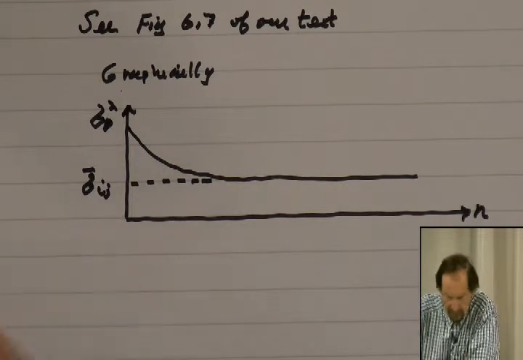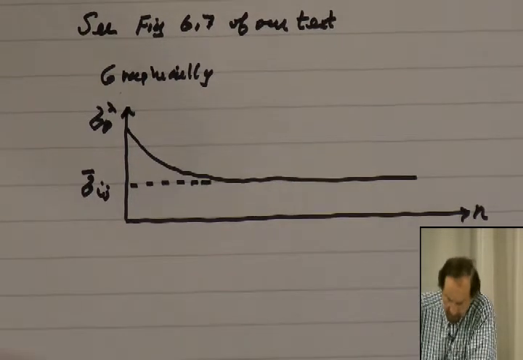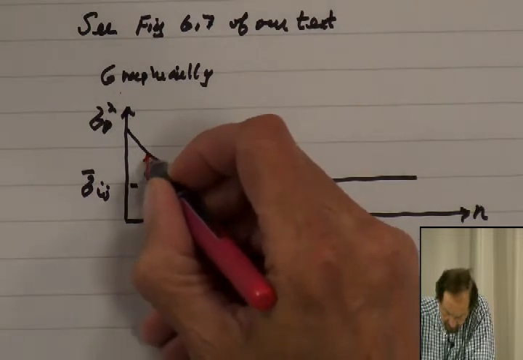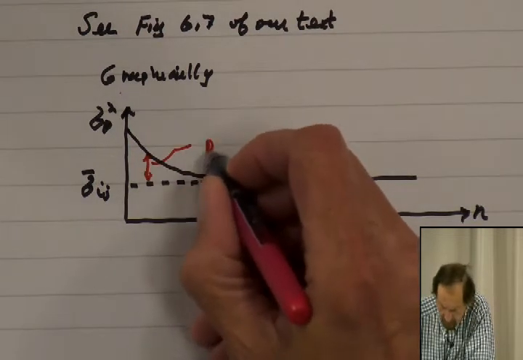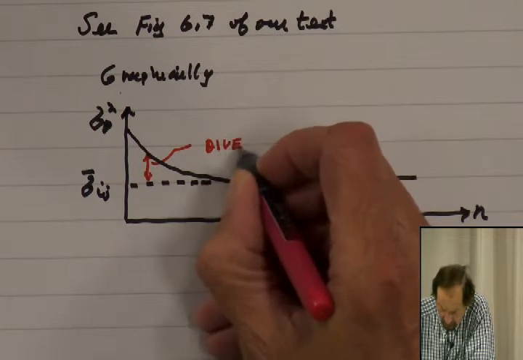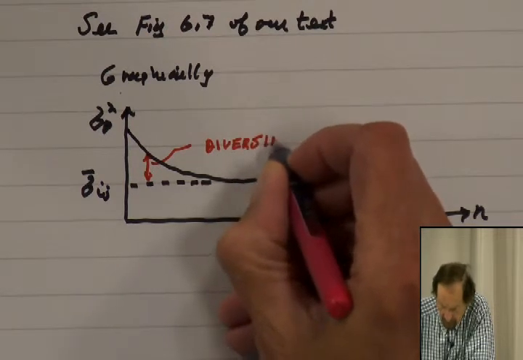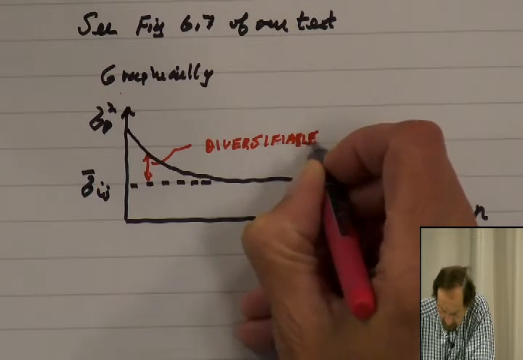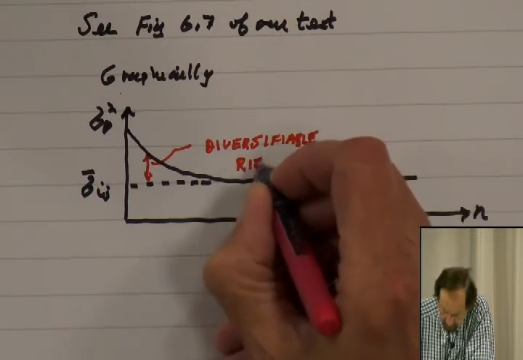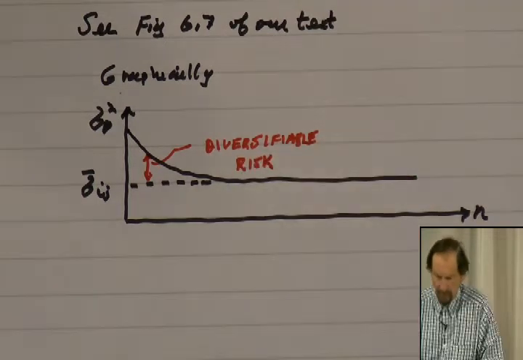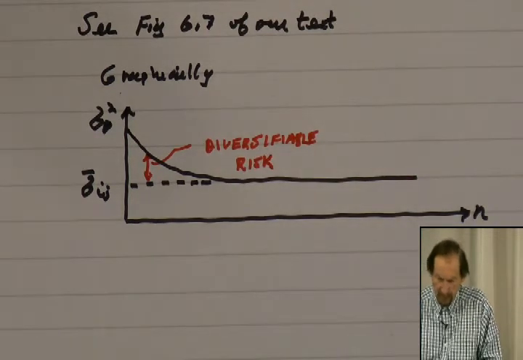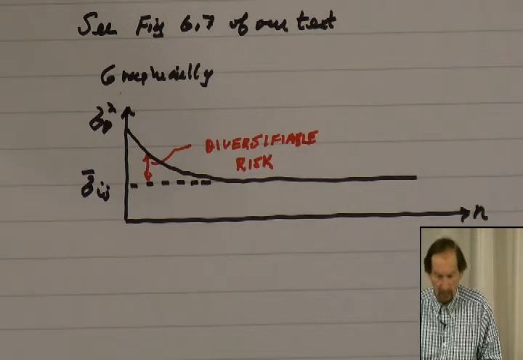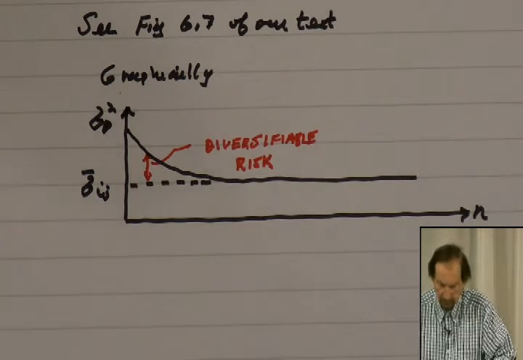This, of course, on top is the diversifiable risk. Okay, that's our diversifiable risk. On the bottom is the undiversifiable risk, or the market risk.